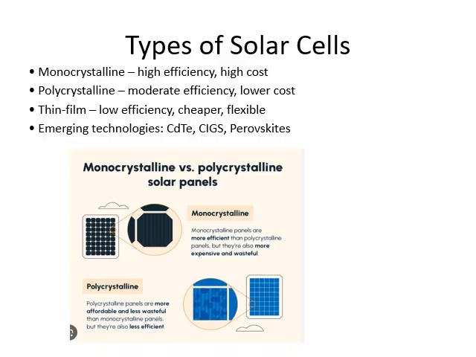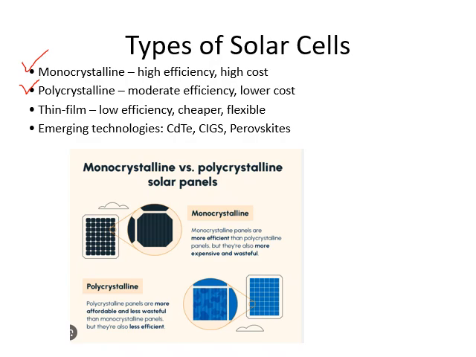Now we are going to see what types of solar cells are available in the market. The most commonly available, if you want to look for an online purchase, will be monocrystalline, polycrystalline, and thin film. Monocrystalline means there is only one single silicon crystal.